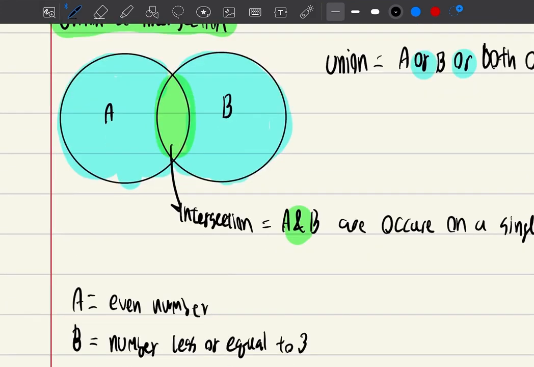On the diagram, we can write event A like this: even numbers on the dice are 4, 6, and 2.